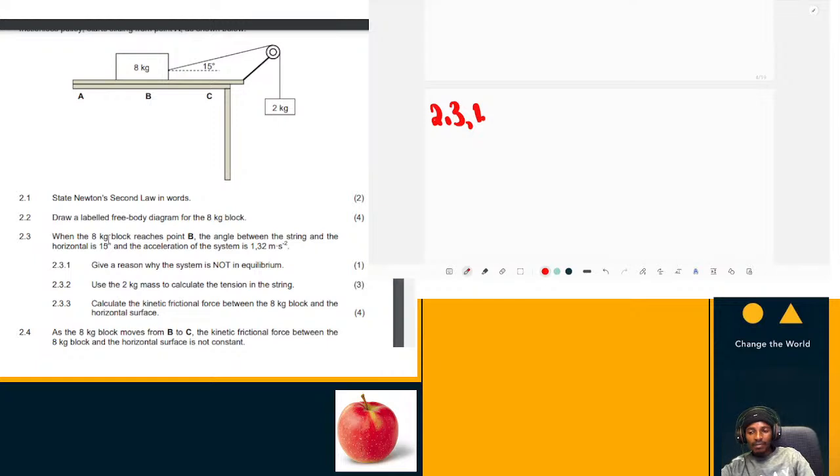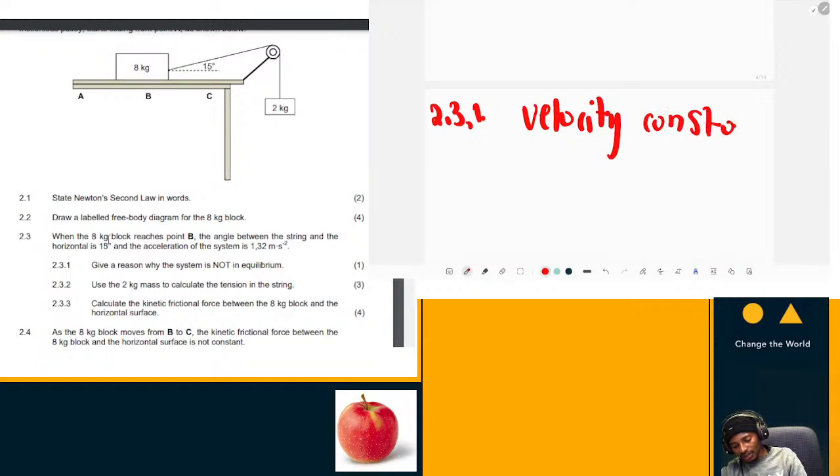The system is in equilibrium if the velocity of the system is constant, so the velocity should be constant for the system to be in equilibrium. Secondly, the system should be static.